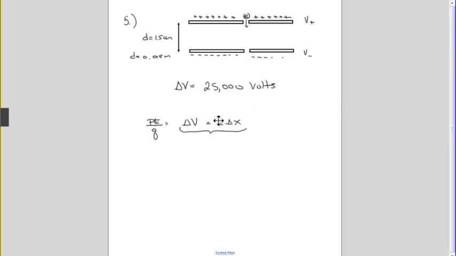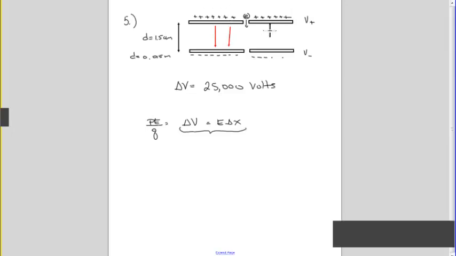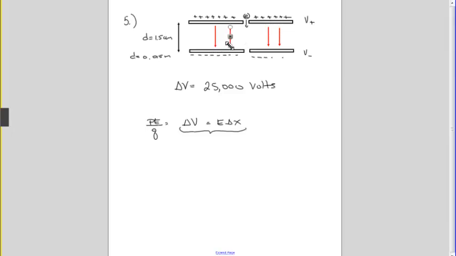So if we have a constant electric field, and we will have an electric field, let's draw those. We have electric field lines which are going from positive to negative. Those are just some of the electric field lines going that direction. Okay, so we have a constant electric field. It means the electric field is the same here as here. It's all the way through. It's in one direction.